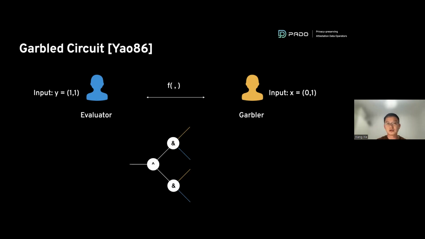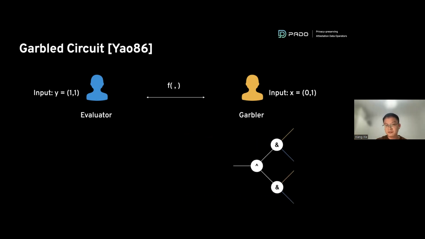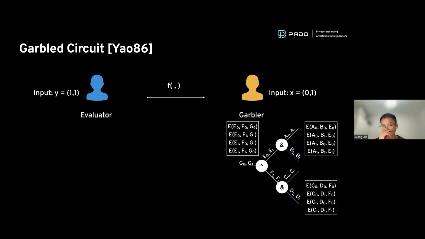The function is public, so the garbler gets the function and the whole layout of the circuit. He chooses 2 random labels for each wire of the circuit, like A to G, to represent 0 and 1. Then for each gate, the garbler generates a garbled gate.